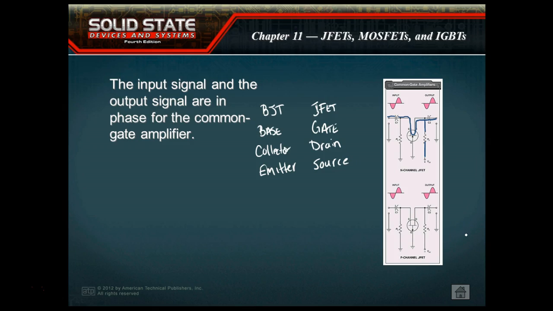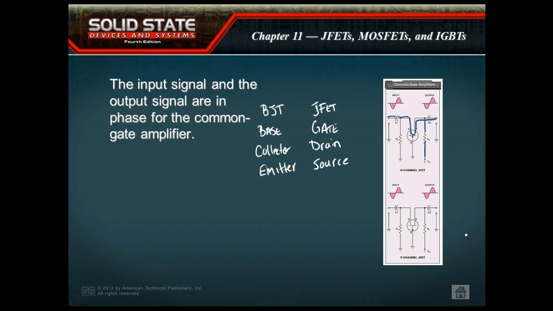But when we start looking at these amplifiers, they have basically the same characteristics. Now, one big advantage of a JFET over a bipolar transistor is not speed. We can't operate it at an extremely high speed because of the reverse bias junction.